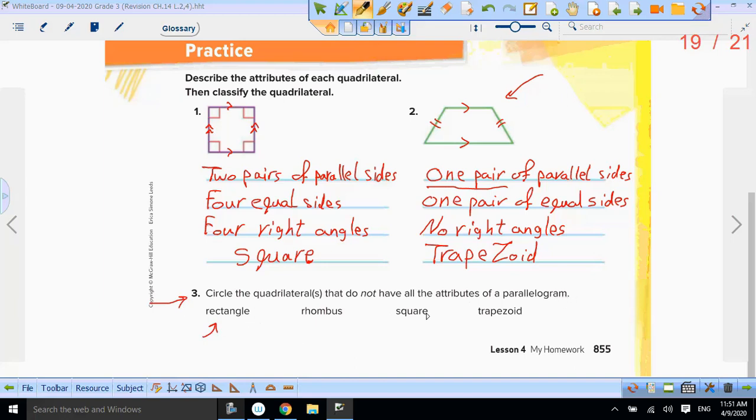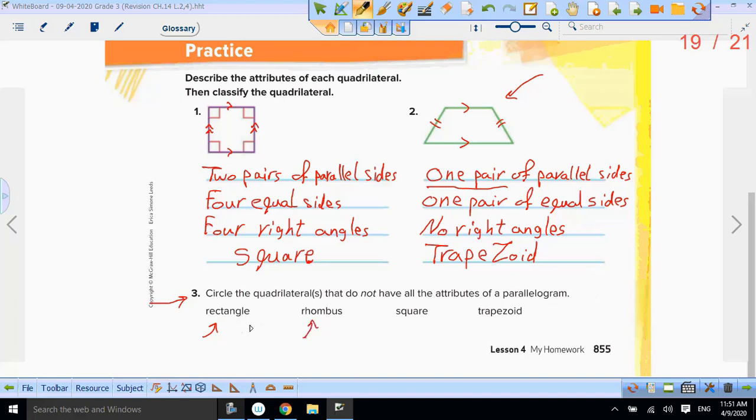Rectangle has all these attributes: two pairs of parallel sides, two pairs of equal sides in length, each two opposite angles equal, and all four angles are equal because it has four right angles.